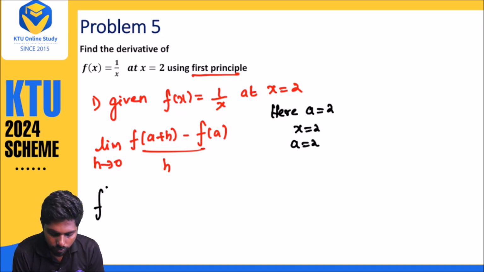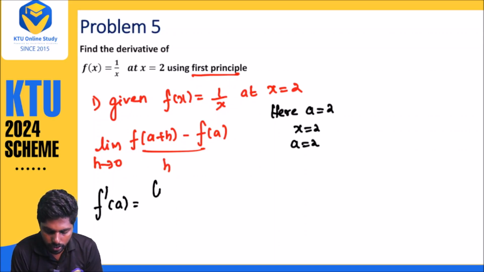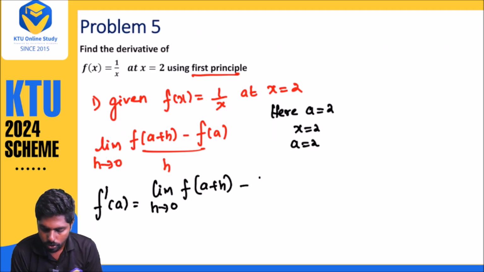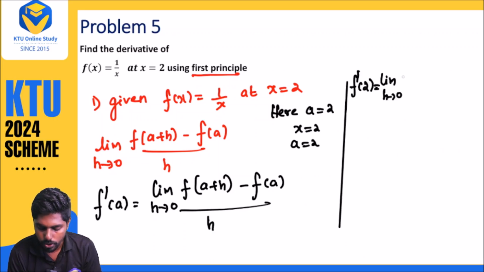So f dash of a is equal to limit h approaches 0, f of a plus h minus f of a divided by h. This is the formula, no? So what is a here? a is 2. So f dash of 2 is equal to limit h approaches 0, f of 2 plus h minus f of 2 divided by h.